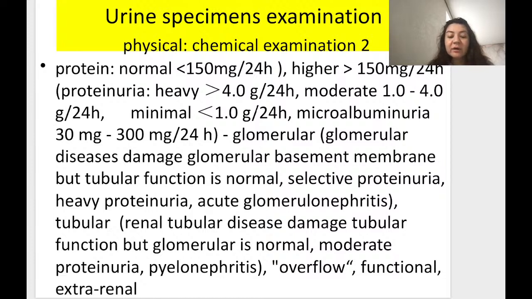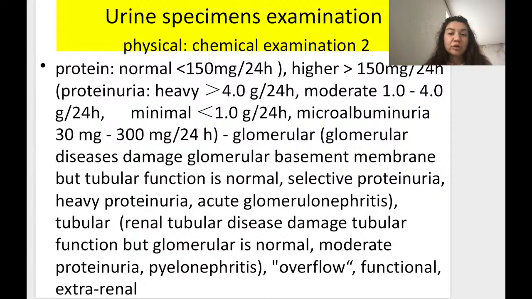And we have, you remember, specific types of albuminuria, like microalbuminuria. Yes, it is a specific proteinuria. We name it microalbuminuria when it contains from 30 to 300 milligrams per day.